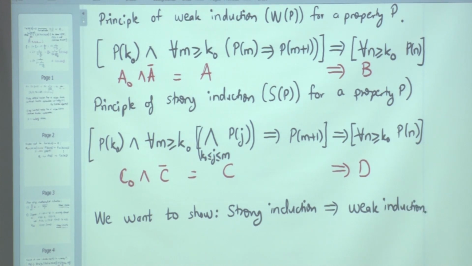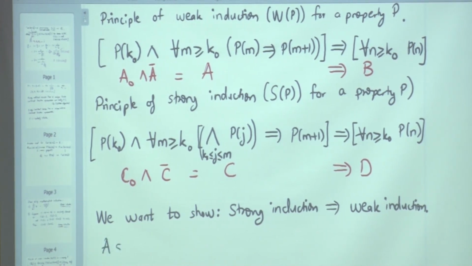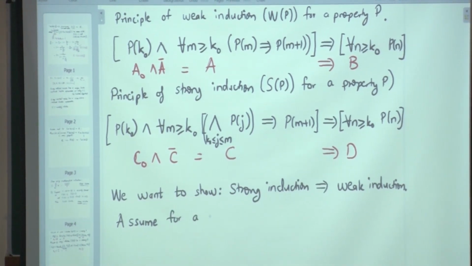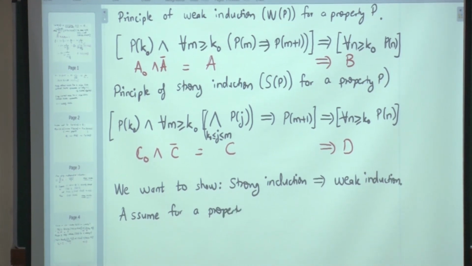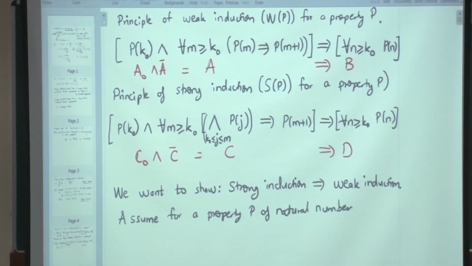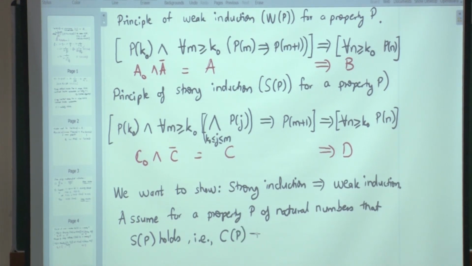So first of all, we have to choose a property. So the property is P. Okay, so assume for a property P of natural numbers that strong induction, like S of P, holds, i.e., I'm just going to call it C(P) implies D(P) holds.